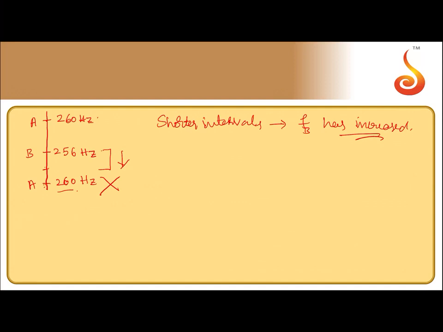Now, if we consider the other situation, if A is filed, its frequency should go further below 256. In that case, the beat frequency would have increased. So here it has increased. So frequency of A should be equal to 252 Hertz. So number line method is best method to find solution to such problems.